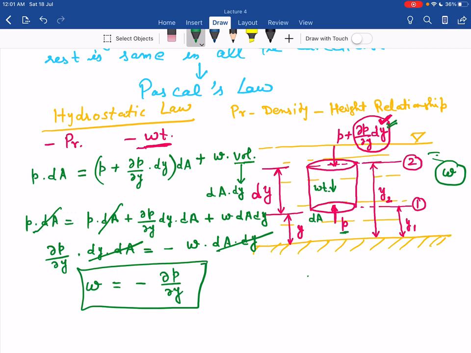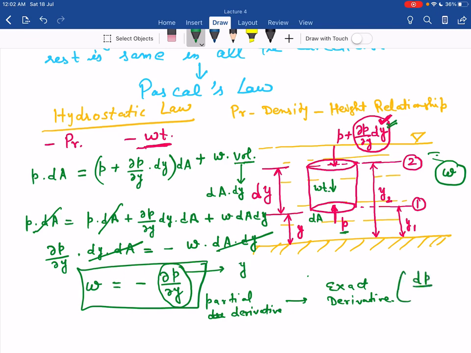Now, if the intensity of pressure varies only along the y direction, then we can replace this partial derivative with the exact derivative or exact differential, that is dp by dy.